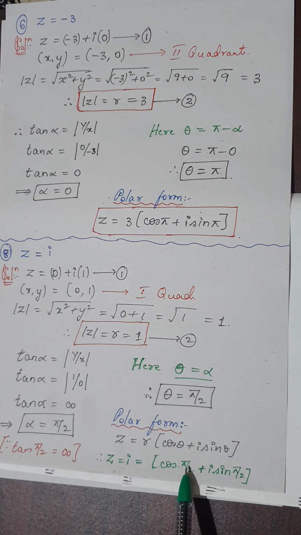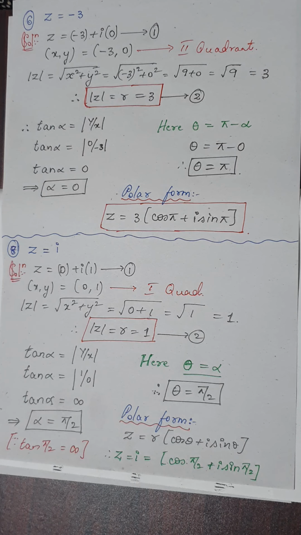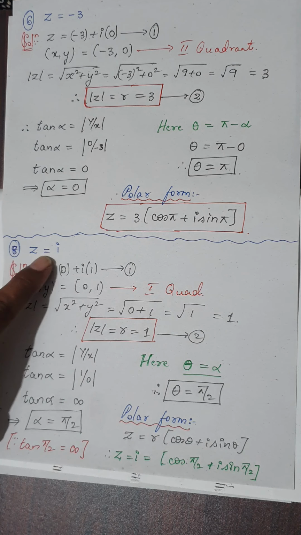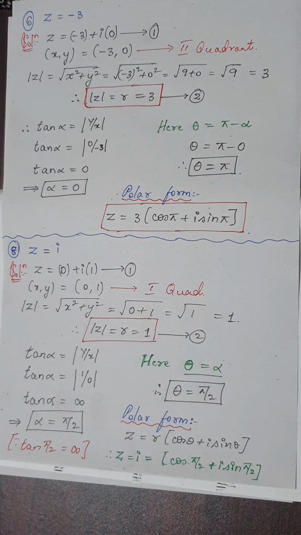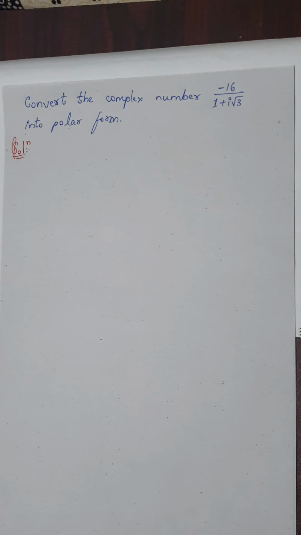We know cos 90 is 0, sin 90 is 1. So i into 1 will be simply i. Okay, please remember it. You can use this as a formula in further cases. So if z is equal to simply i, then the polar form is cos 90 plus i sin 90. Fine. Dear students, we have completed all the exercise questions from the exercise 5.2.